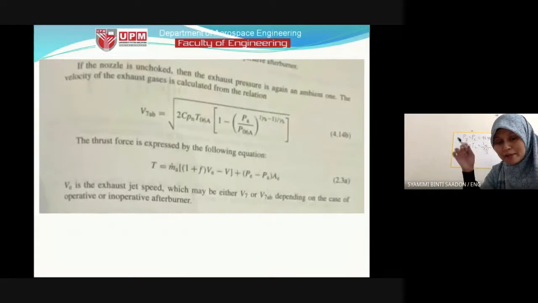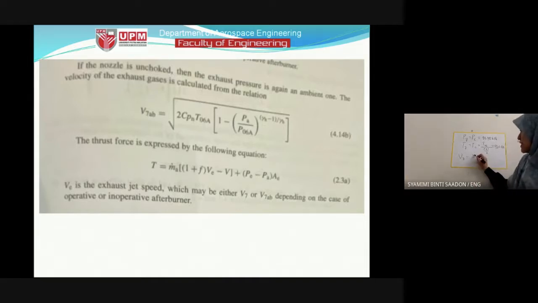Because Mach number equals 1, so the speed of the air exiting the nozzle achieves the sonic speed. So V7 in this case, choked nozzle, is square root of gamma RT. No need to calculate with Mach number because Mach number is equal to 1.